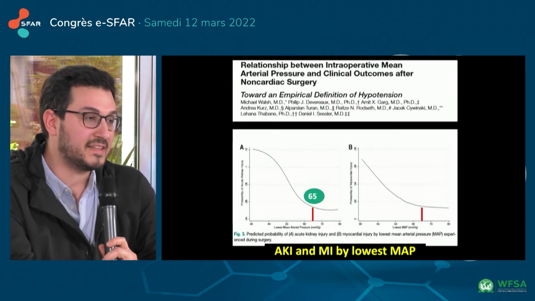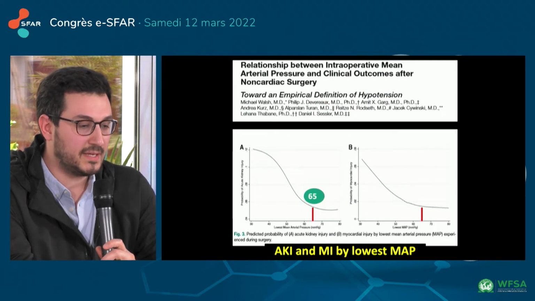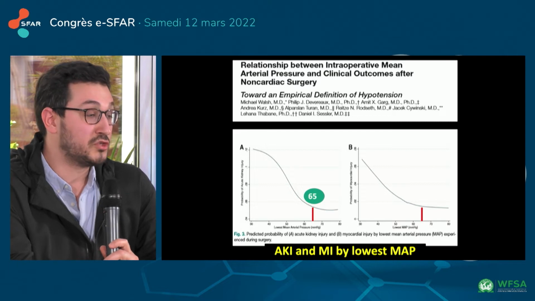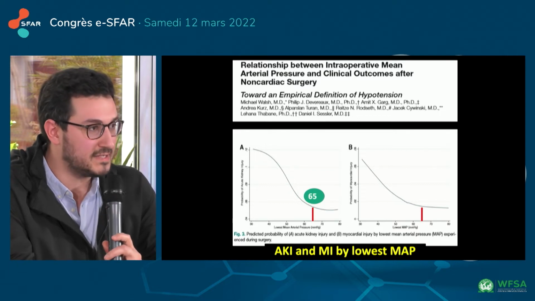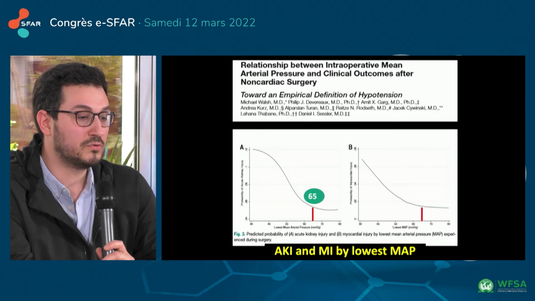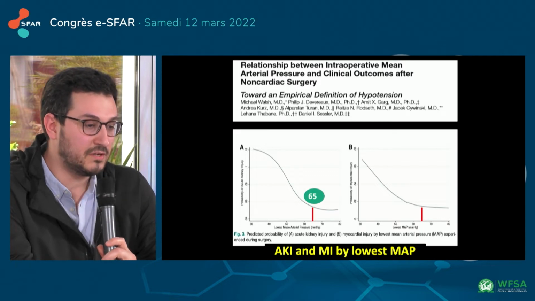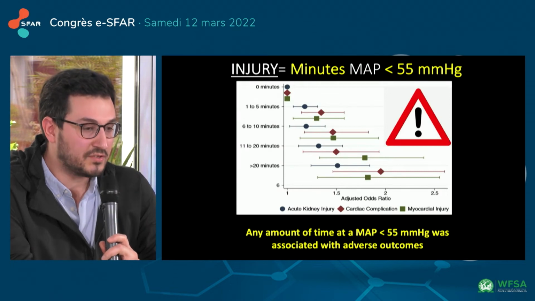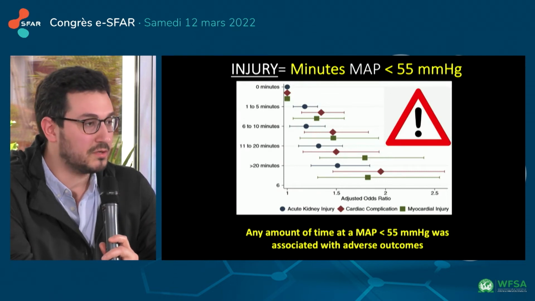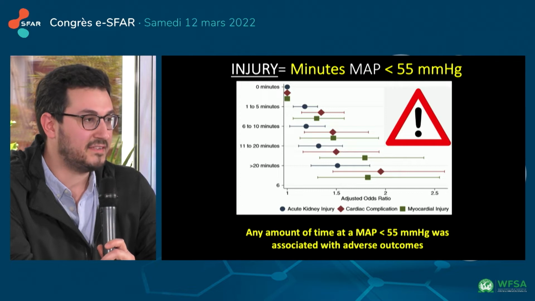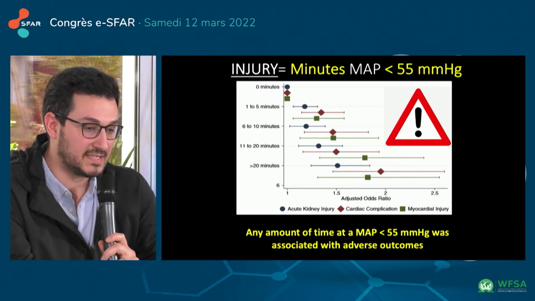What we also know is that intraoperative hypotension can be defined using a threshold, so the severity of the hypotension, but also the duration. For the severity, we know in this paper from the Cleveland Clinic, including more than 30,000 patients, that a MAP threshold below 65 is associated with an increased risk of acute kidney injury and myocardial injury.